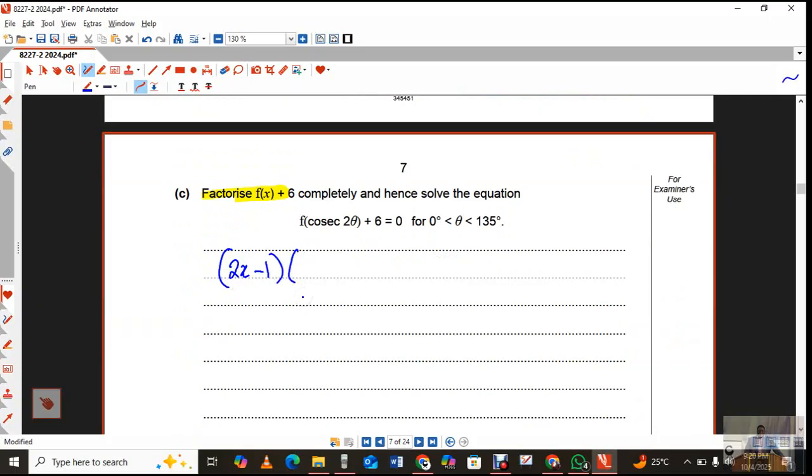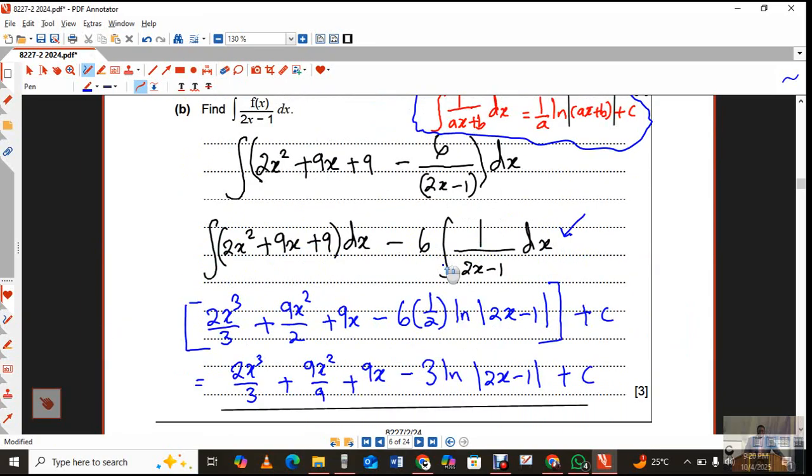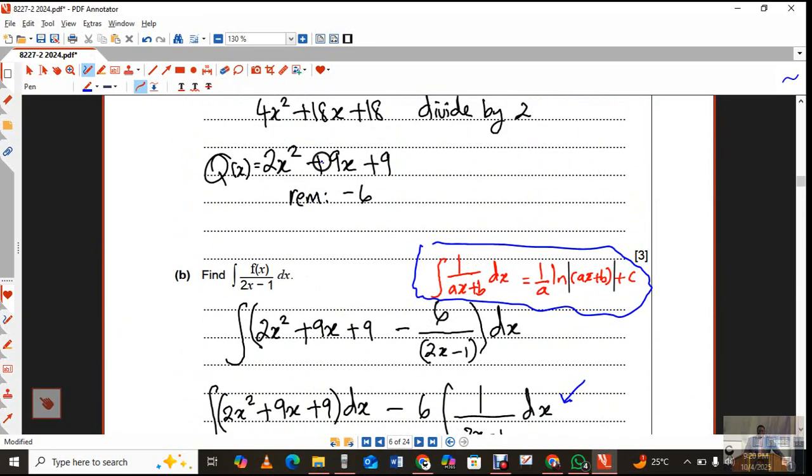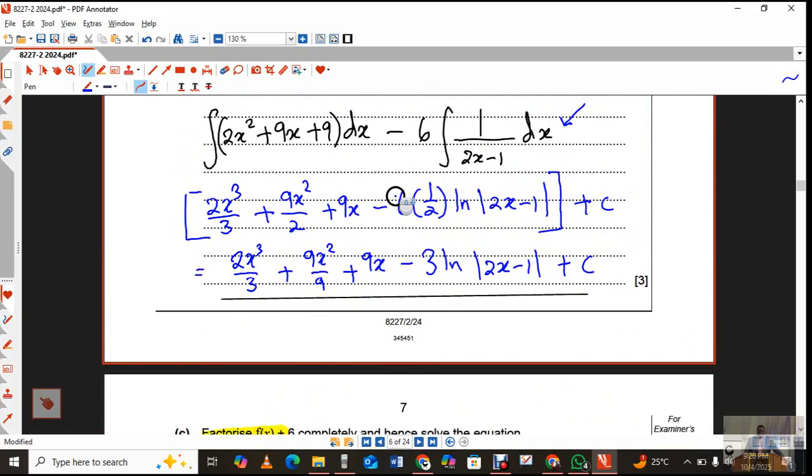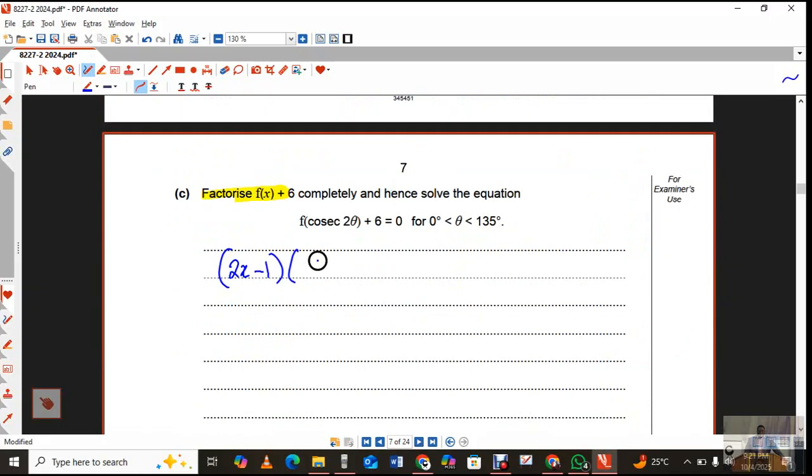And what is the other one? The other one is what we calculated. It is this 2x squared plus 9x plus 9. These are all factors now. Now, they want us to make it an equation and solve it. So let's say equals 0.